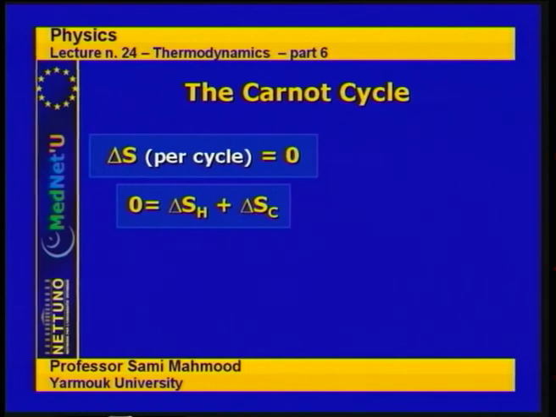Since the gas starts from an initial state and goes back to its initial state again, delta S for the gas is zero. So that quantity is zero. So we are left with delta S for the whole system, which is 0, equal to delta S for the high temperature reservoir, delta S sub H, plus delta S for the low temperature reservoir, which is delta S sub C. So we have this relation, 0 equals delta S sub H plus delta S sub C, that is taken from the fact that we have an ideal engine, all processes are reversible.